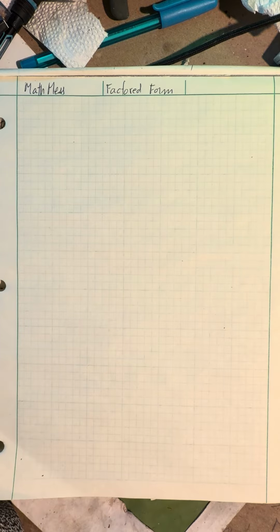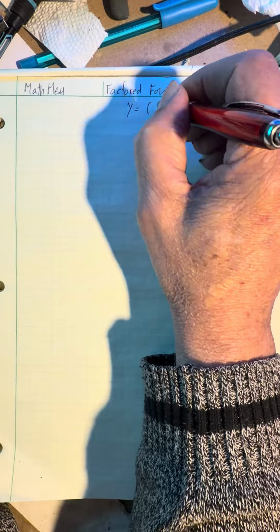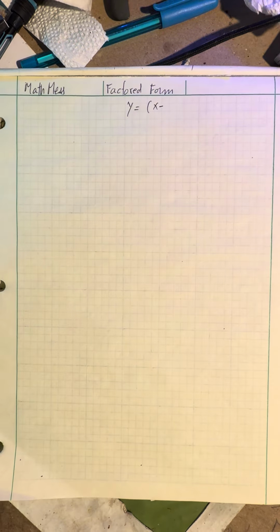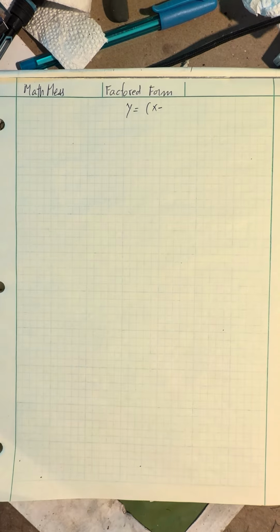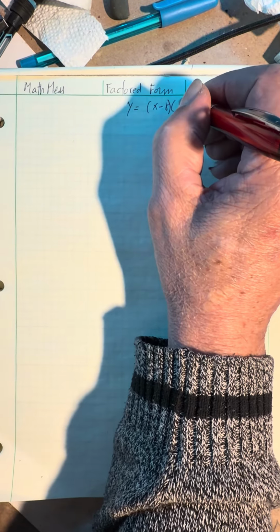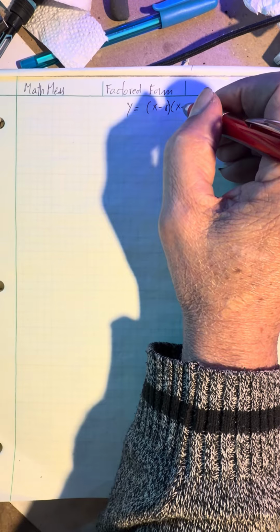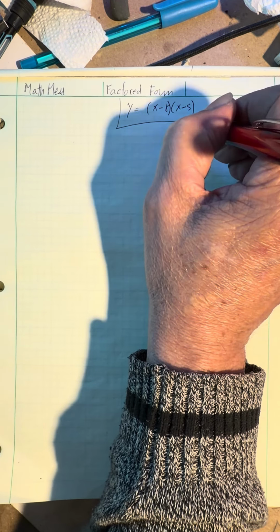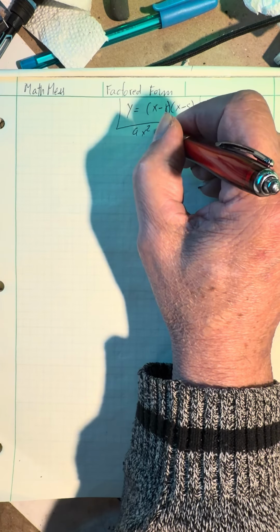The factor form looks something like y equal to x minus r and x minus s. This is the factor form. This is the standard form.